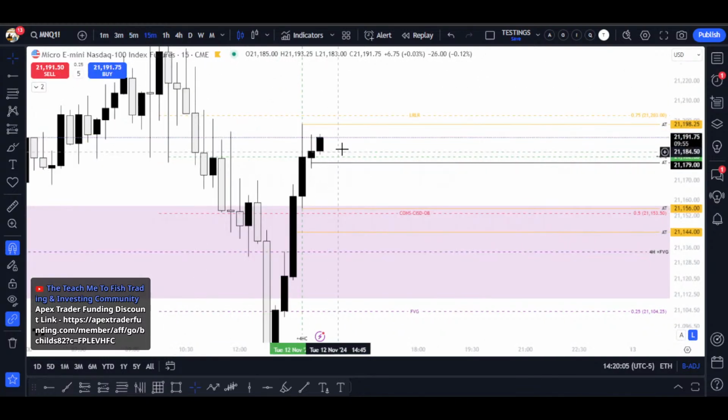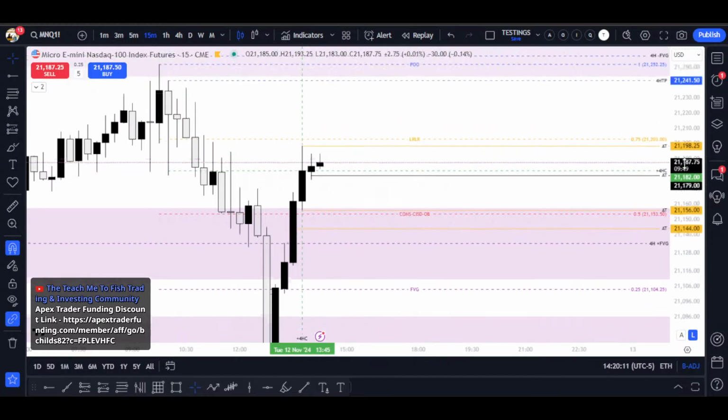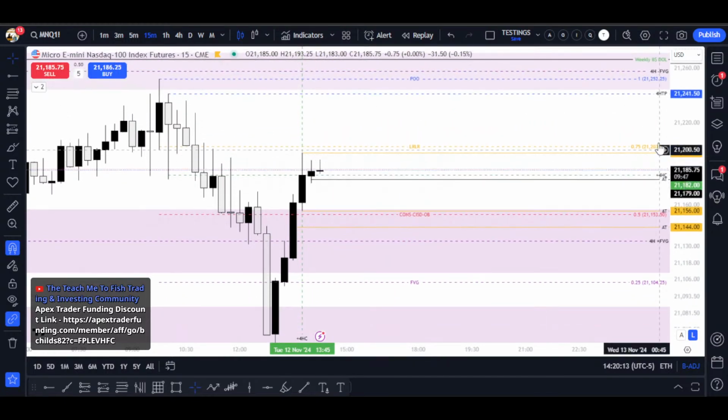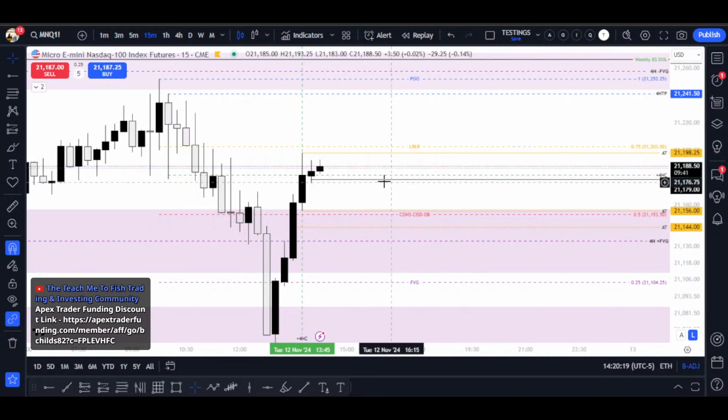I have been trading on the 15 minute. As long as it does not go up and hit $21,241.50, I will continue to wait for price to come lower.